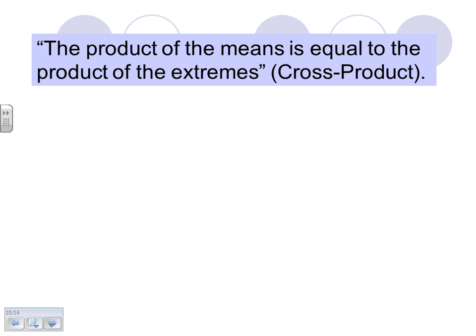Product means you multiply. What that says is the product of the means is equal to the product of the extremes. And that's what it meant to cross multiply. You multiply the means and set that equal to the multiplication of the extremes. That's always in that cross.